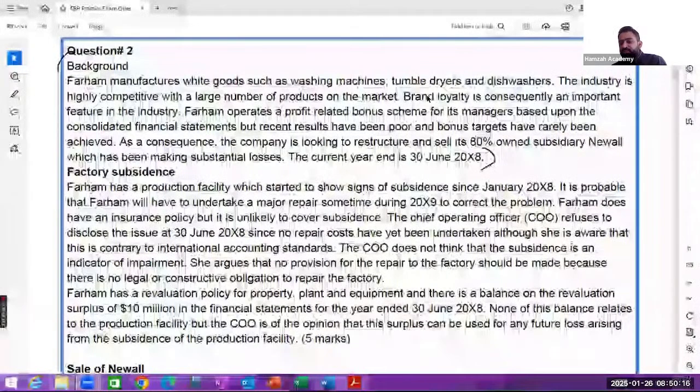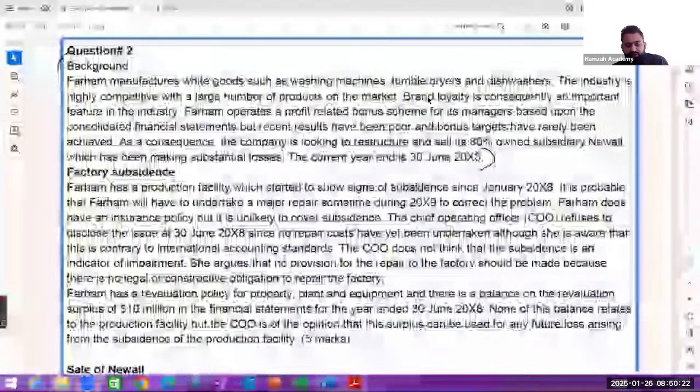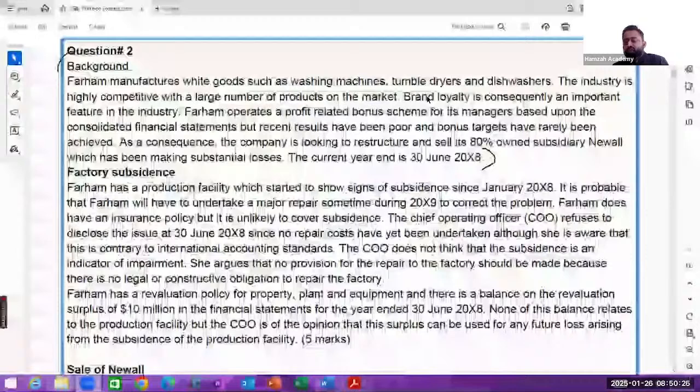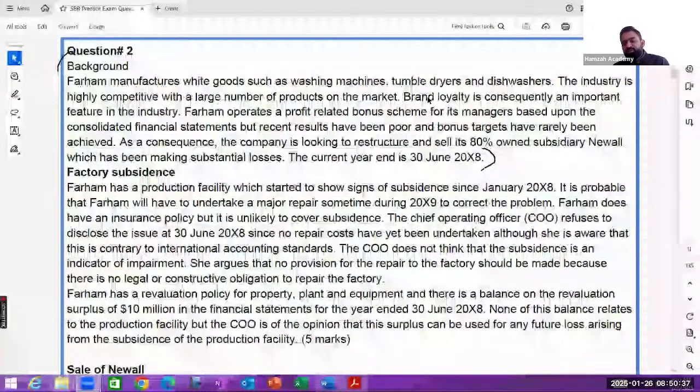But recent results have been poor and bonus targets have rarely been achieved. As a consequence, the company is looking to restructure and sell its 80% owned subsidiary, New Wall, which has been making substantial losses. The current year end is 30th June 20X8.